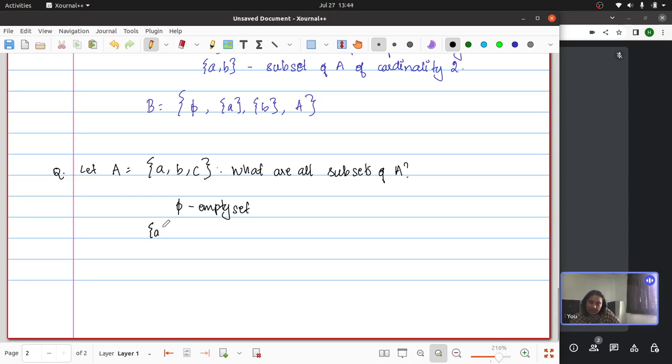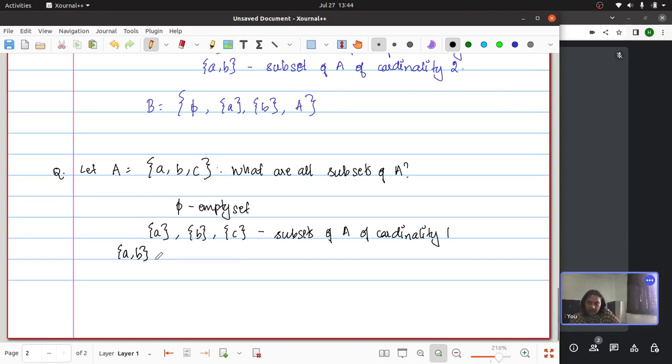Then we will have all sets containing only one element, and we have sets containing two elements.